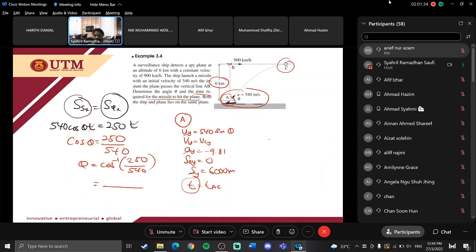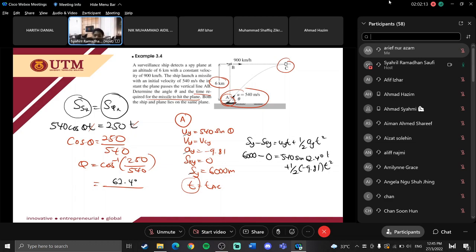Sy minus S naught y equals Uy t plus half Ay t squared. So Sy is 6,000 minus 0. For Uy, from the book, theta here is 62.4, so 540 sine 62.4, plus half times negative 9.81 t squared.